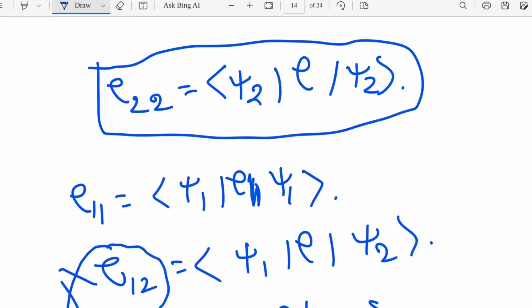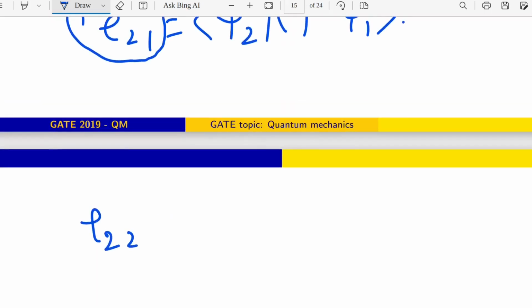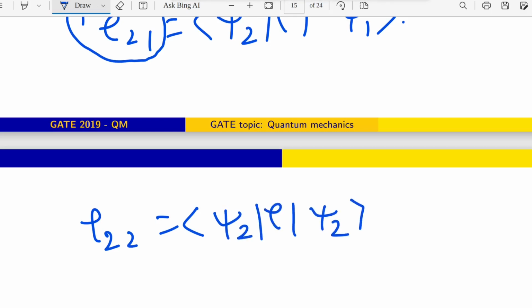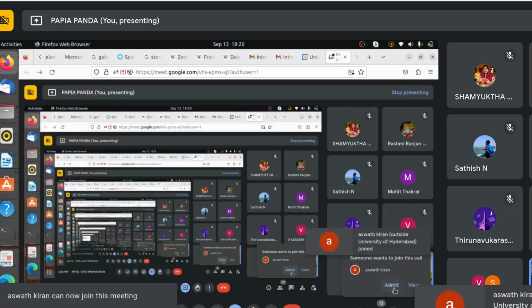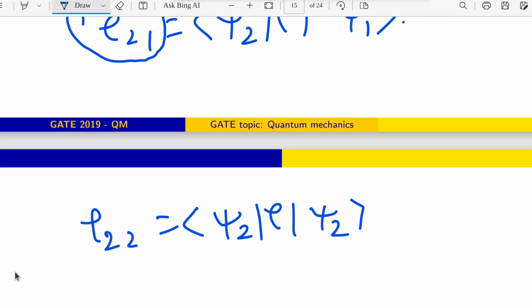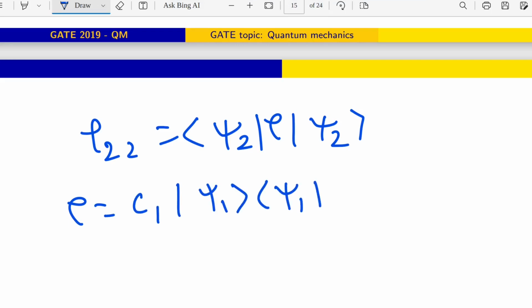So what will be rho 22? Rho 22 is psi 2 rho psi 2. And what was rho there? Rho is C1 psi 1 psi 1 plus C2 psi 2 psi 2.